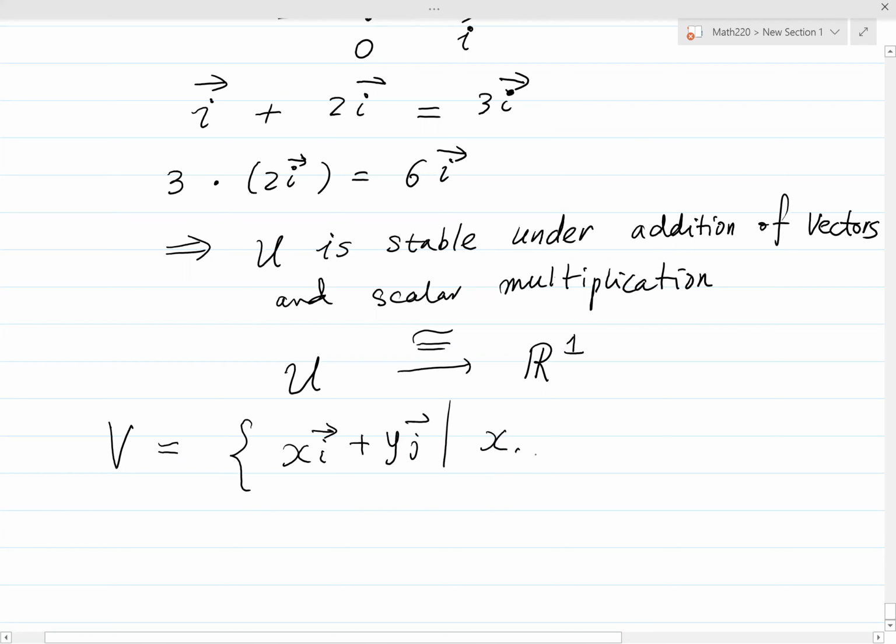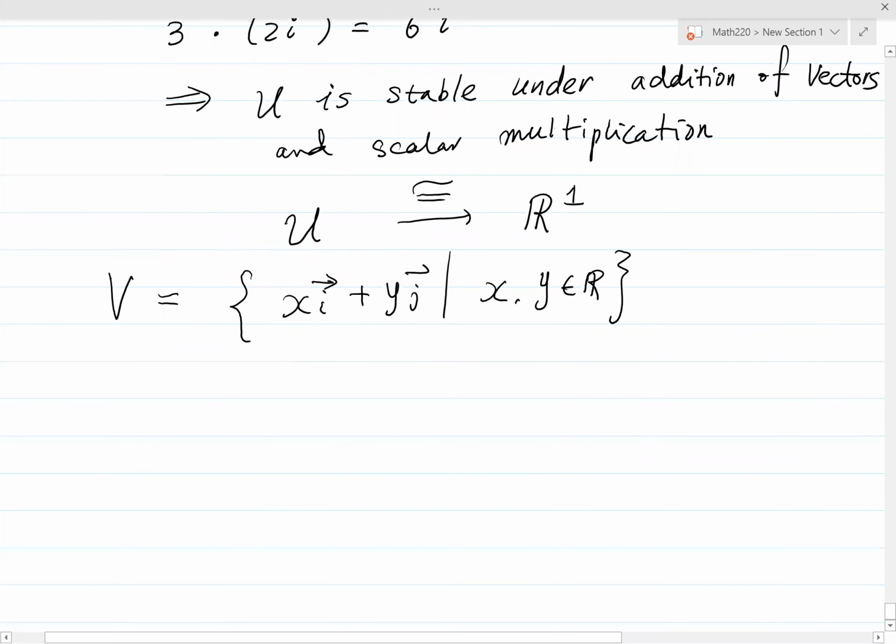xy, they are real numbers. Now this is a point xy in the plane.